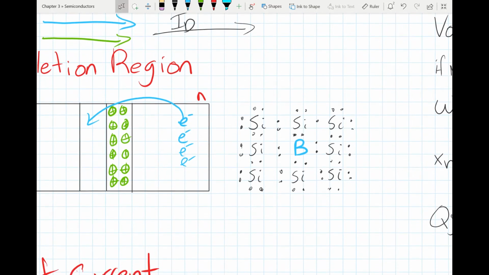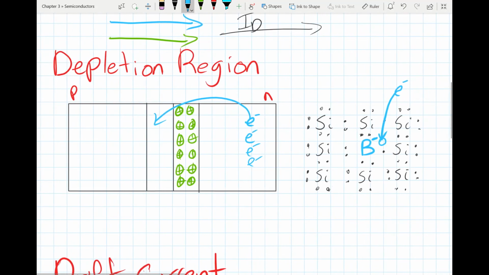It has 3 valence electrons. So after the covalent bonds are formed, we still have a hole there due to the boron. If you have these electrons from the n side going into the p side, an electron is going to try to recombine with this hole. After that recombination happens, boron ends up with a negative bound charge. So you're going to be forming negative bound charges here on the p side.